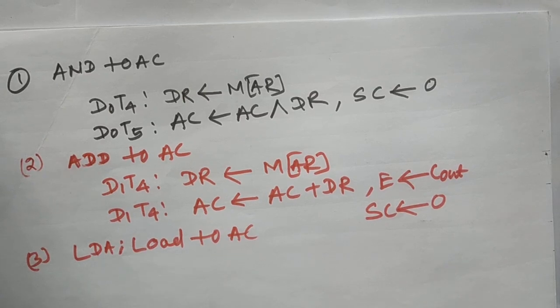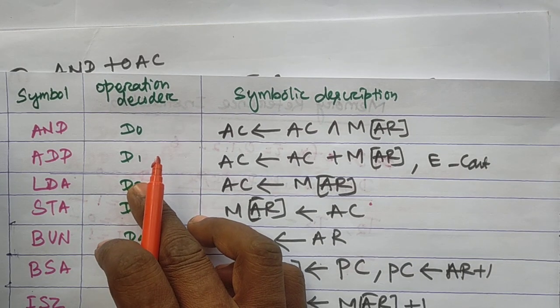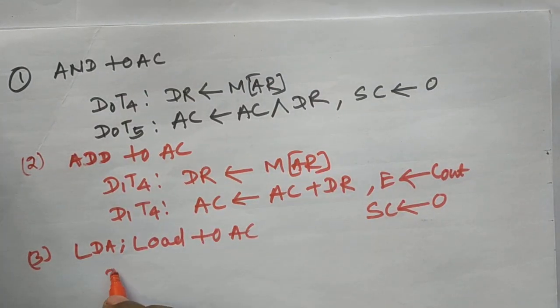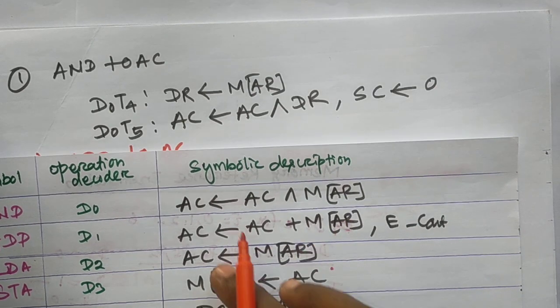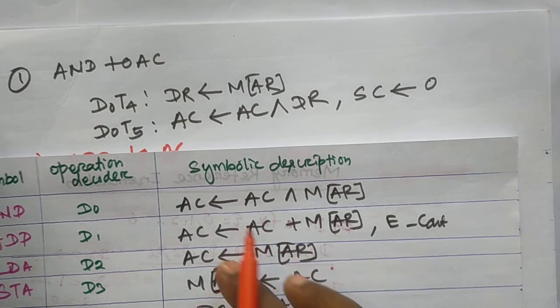Same thing, it is D2, so we define D2 T4. At D2 T4, the memory data is transferred to the data register, and after that transferred to AC.